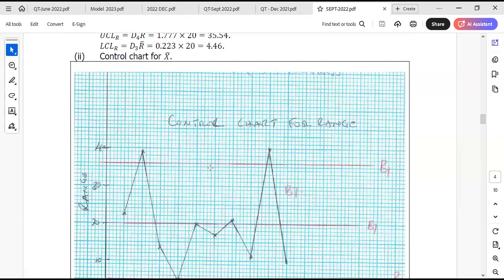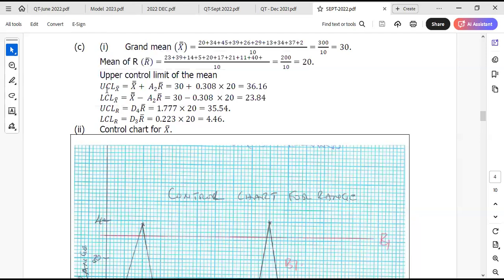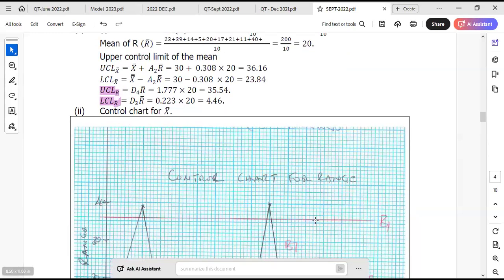UCL range, like the way it is written here. This is the upper control limit for range. This is the lower control limit for range. So you put this line, then you name it upper control limit for range, which is equal to 35.5.